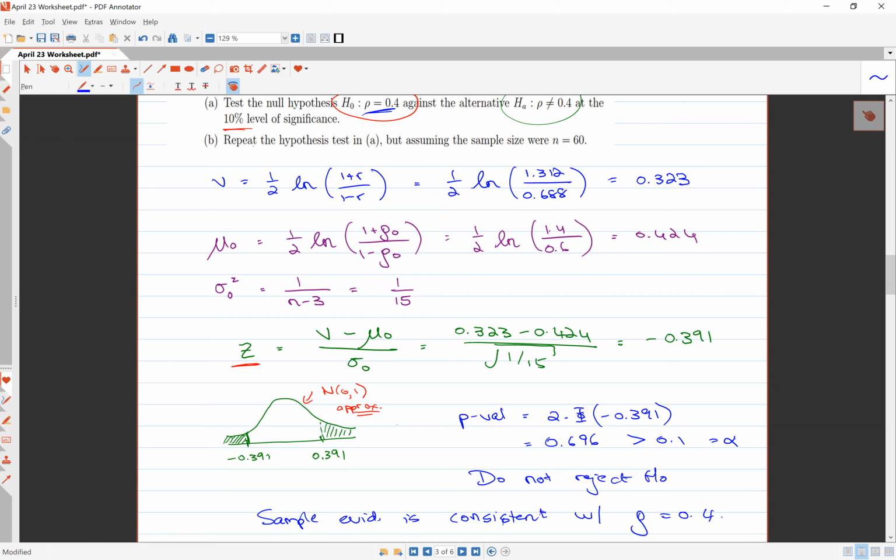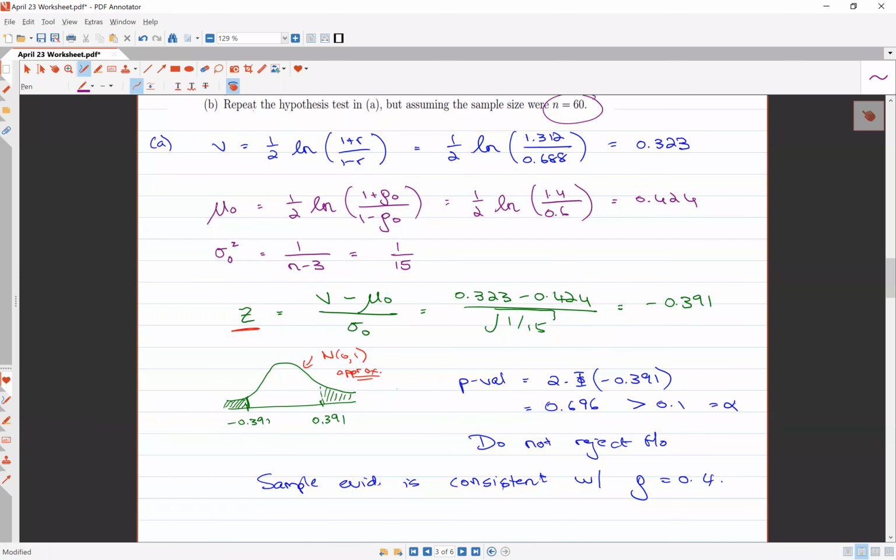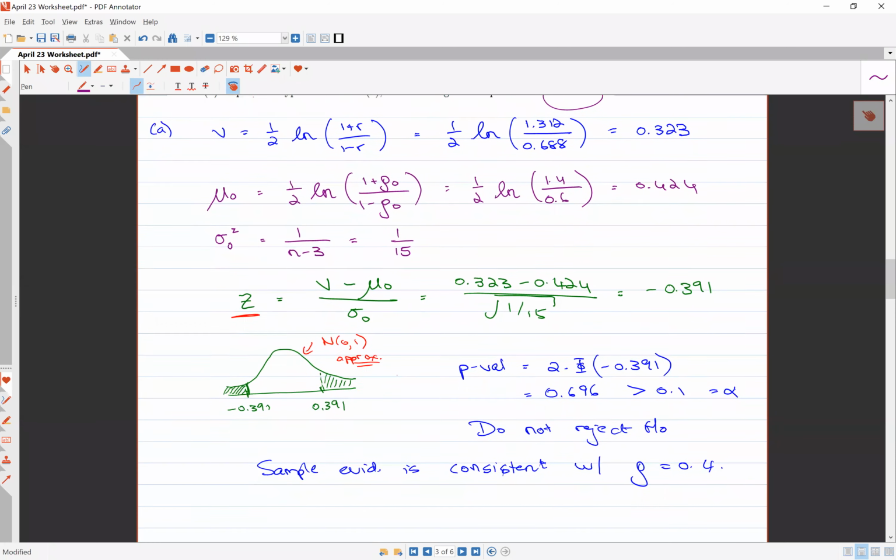Right, now part B is just asking us to do the exact same thing, except with a sample size of 60. And what you'll notice is neither the calculation of V nor of mu naught change because those don't depend on the sample size. The only place the sample size factors in is when we look at the variance.